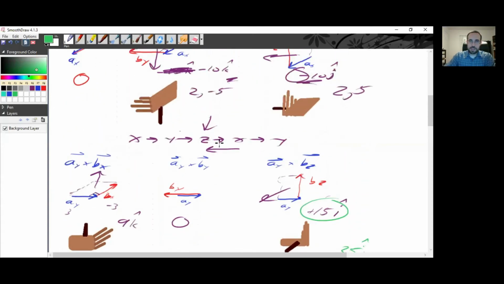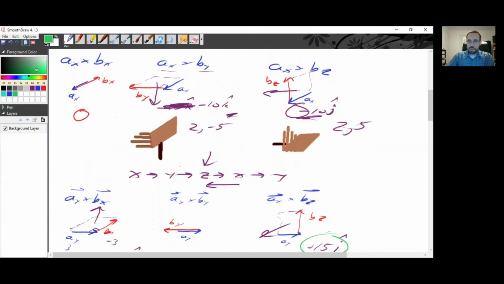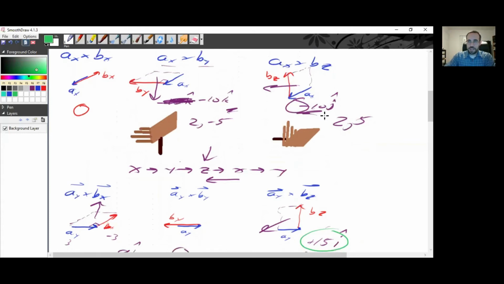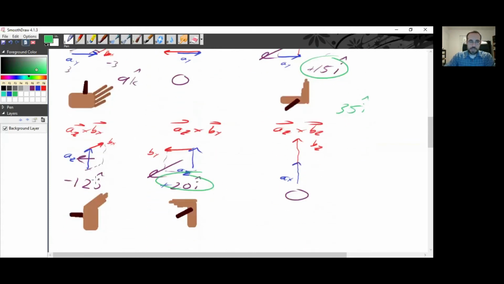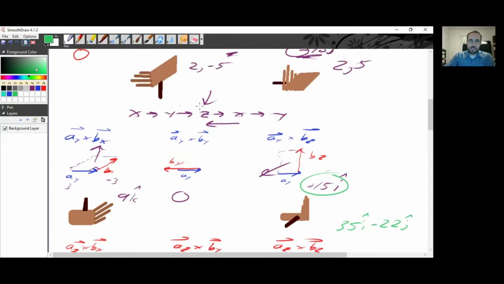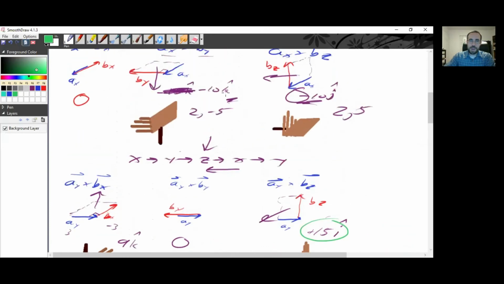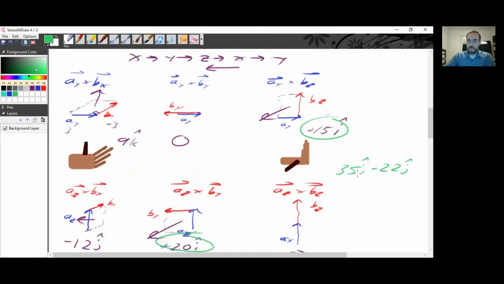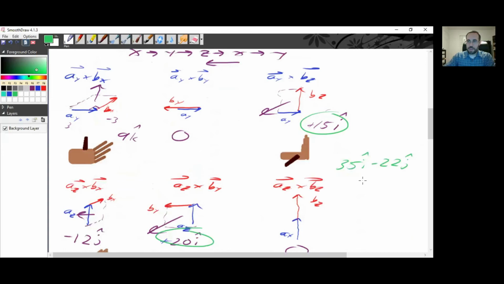We've got negative 10 j hat, and this one's negative 12 j hat. So negative 10, negative 12, negative 22 j hat. And then lastly is k. So I've got plus 9 here, and I've got minus 10 there. So that ends up being minus 1 k hat.